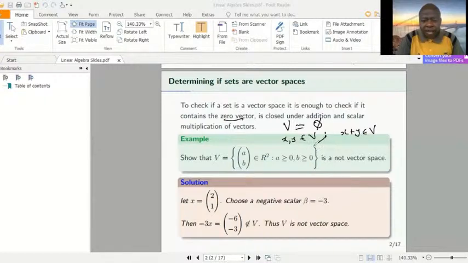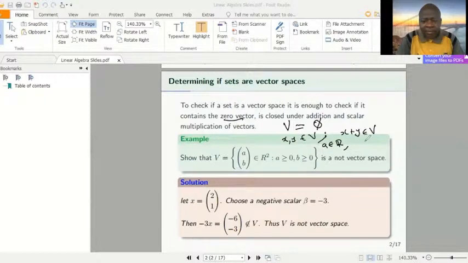Then finally, I will check closure under multiplication by scalars. That if I were to pick a scalar A from the real numbers and pick a vector X from V, then the product of A and X must be in V.